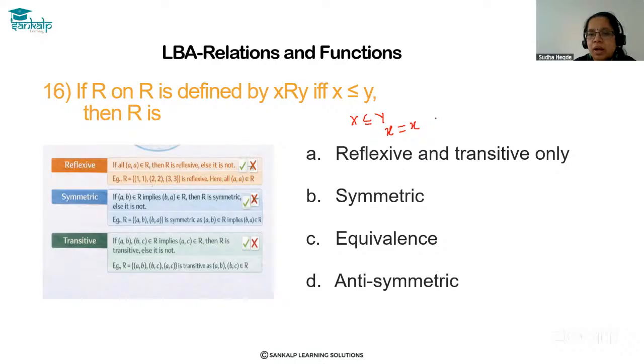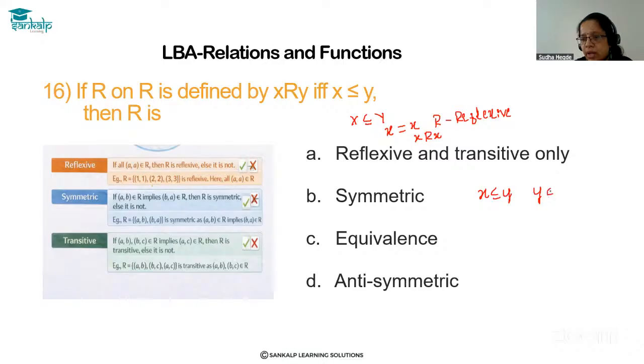So R is reflexive. x R x holds. Therefore, it is reflexive.